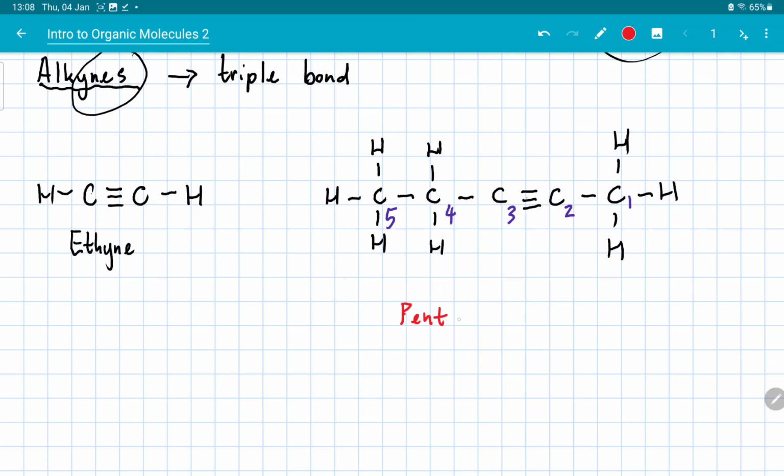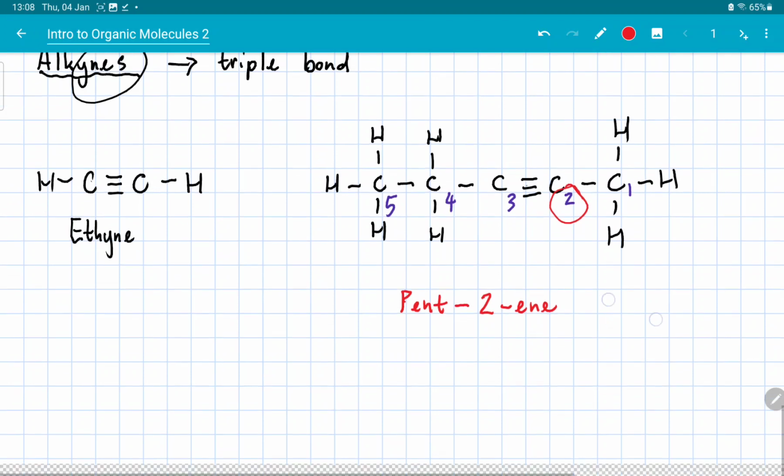As I always say, the position must be mentioned. The first carbon from the right containing that bond is carbon 2. So we'll say pent-2-yne.